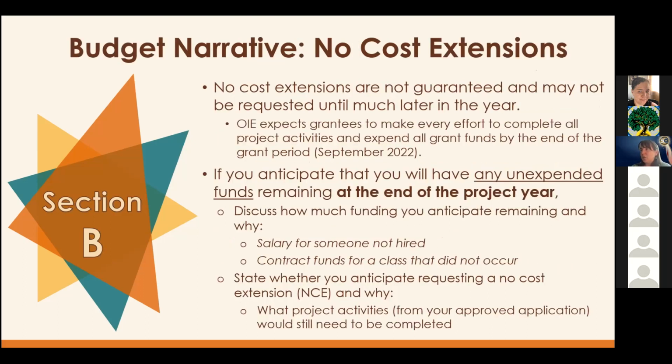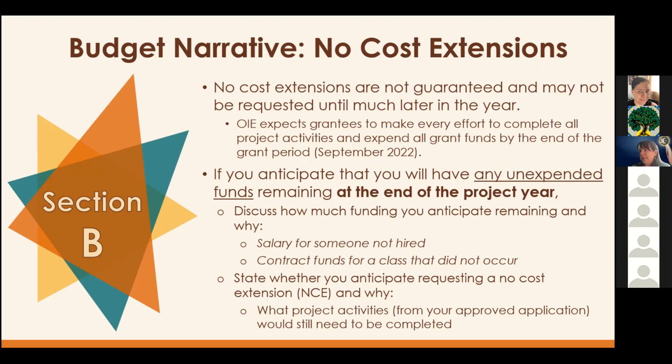But first, a word about those no-cost extensions. So for our fiscal year 18 NYCP grantees, you know that this is the final year of your grant. So there is technically no carryover, right? If you anticipate any unexpected funds, you're going to have to secure approval for a no-cost extension.